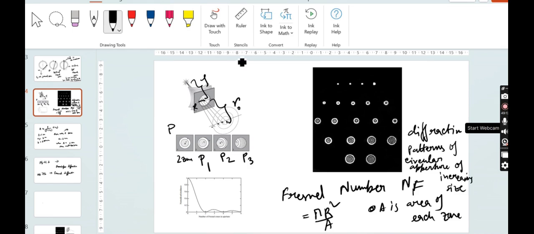So when you shift the aperture, the sensor's position is being shifted. Position is changed. Here the size of the aperture changes.